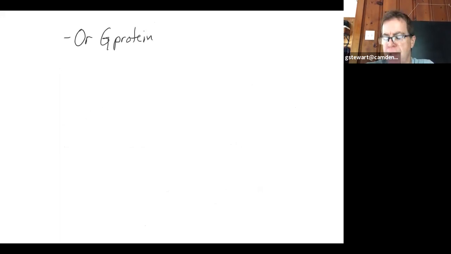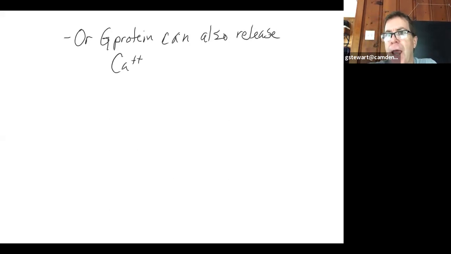Rather than activating adenylate cyclase and cyclic AMP being the second messenger, a G protein may also release calcium stores. I'll just say it can also release calcium ions from storage inside of the cell, which can activate calmodulin.